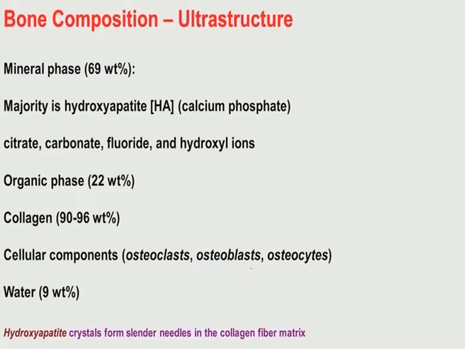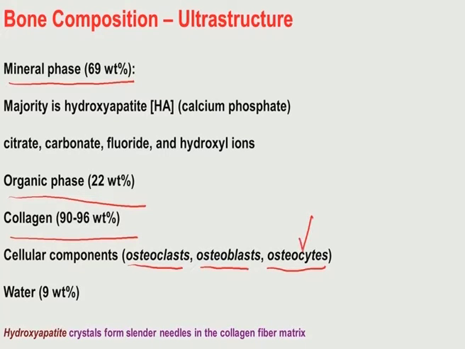As far as the gross composition of natural bone is concerned, the mineral phase is 69% and the majority is hydroxyapatite, or non-stoichiometric hydroxyapatite to be precise. The organic phase, that is the collagenous protein phase, is like 22%, out of which collagen is 90 to 96%. And there are several cellular components, 3 particular cellular components, osteoclasts, osteoblasts and osteocytes, which were referred to in earlier lectures multiple times.